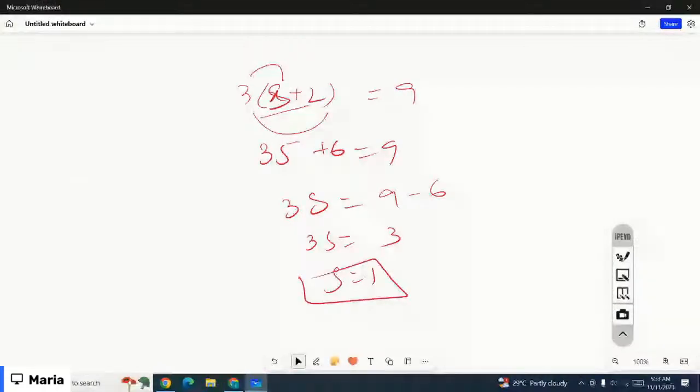So you have x equals 1. The correct option is option number 1.